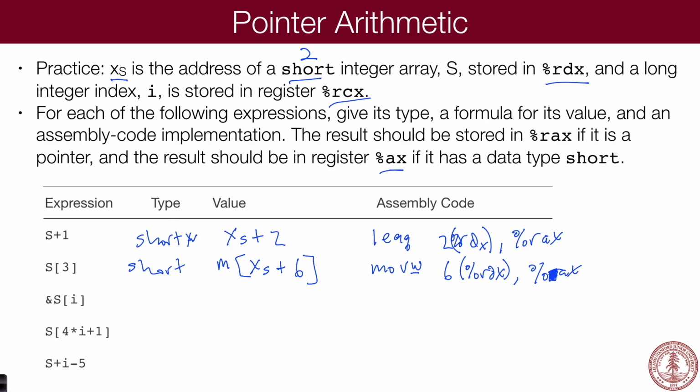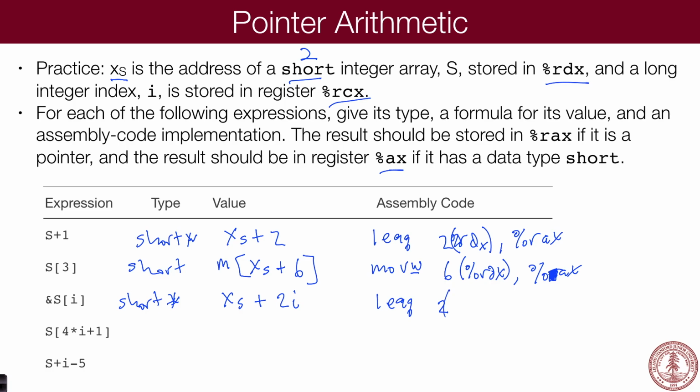The address of I in this case. This is going to be a short pointer, right? And so therefore, we're going to just do xs plus what? 2 times I, right? Well, how do we do that? How about LEAQ again? Okay. And then in this one, we need to do the adding in the middle, aren't we?